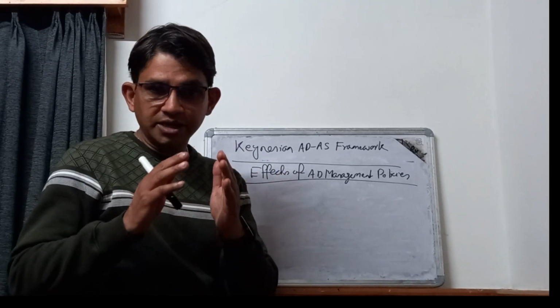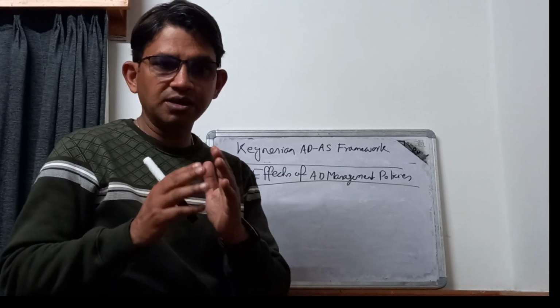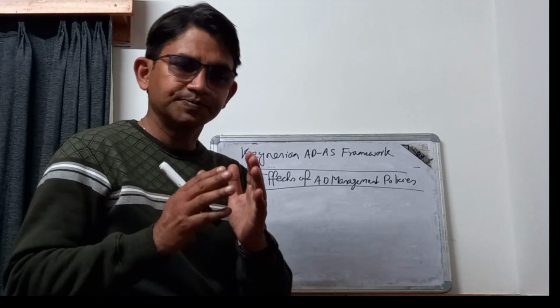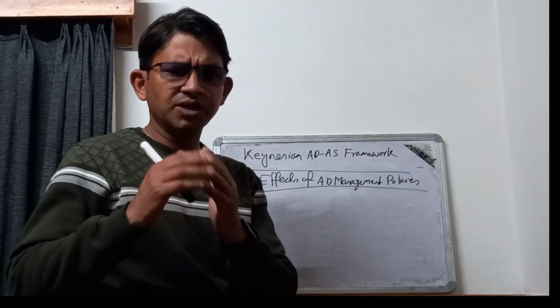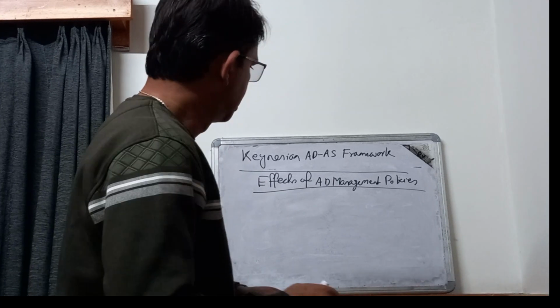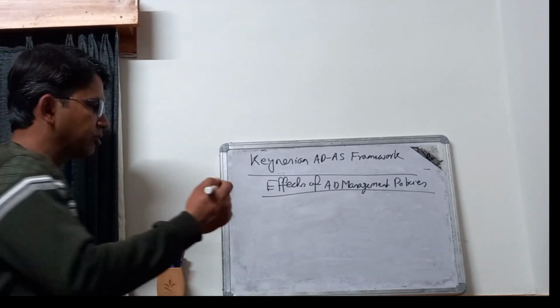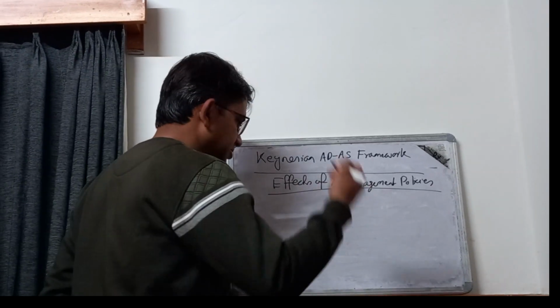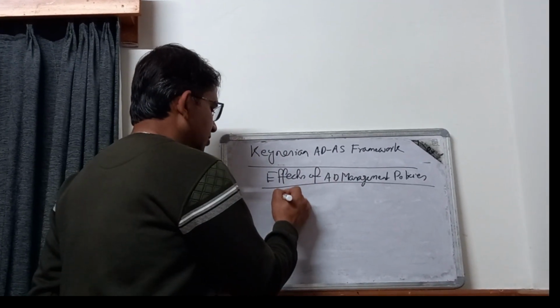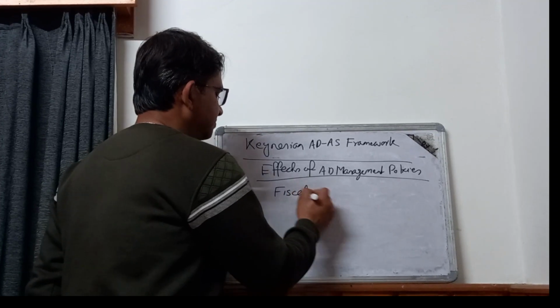And then by the interaction of demand and supply, we'll again find out what will happen if the policies are adopted. So aggregate demand management policies are mainly of two types, and we have already discussed this several times. One is the fiscal policy.